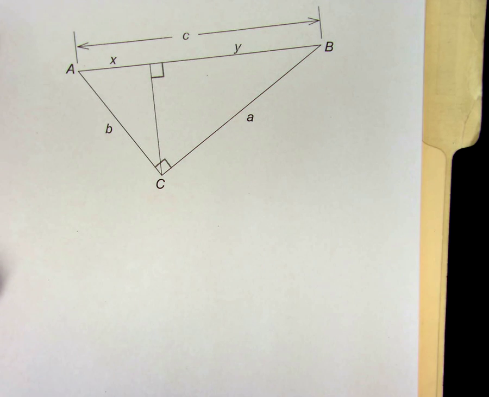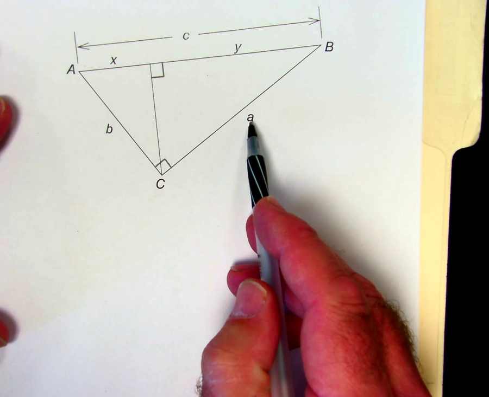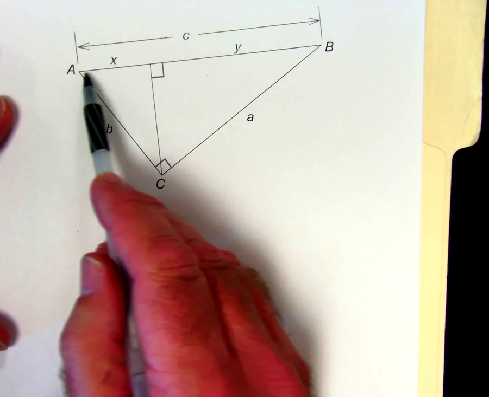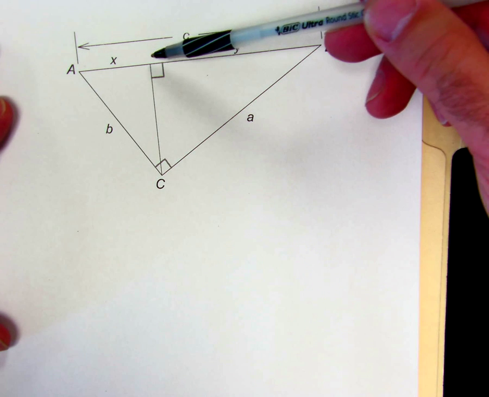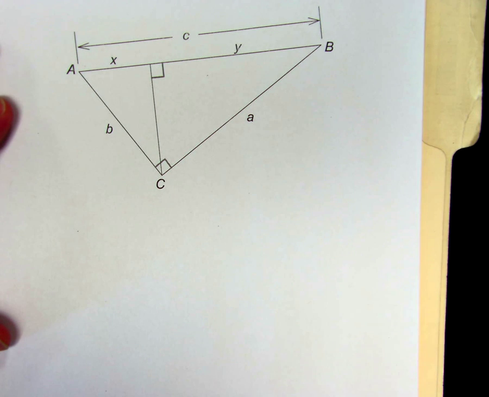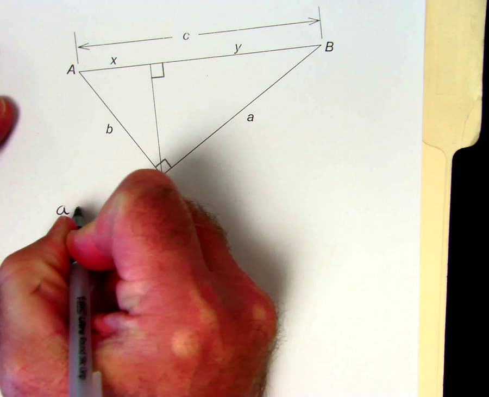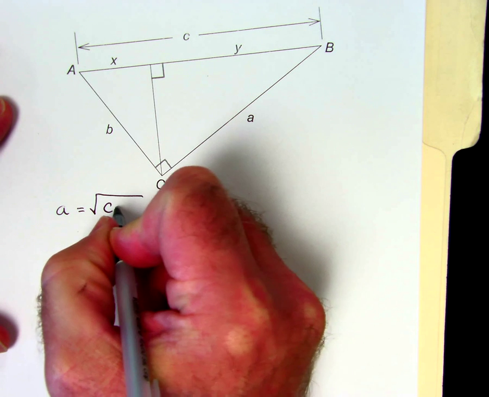So in this particular triangle, we could say that A is the geometric mean between C, the length of the hypotenuse, and Y, the length of the segment of the hypotenuse adjacent to that leg. So that would mean that A is equal to the square root of C times Y.